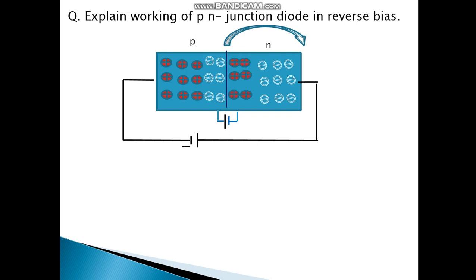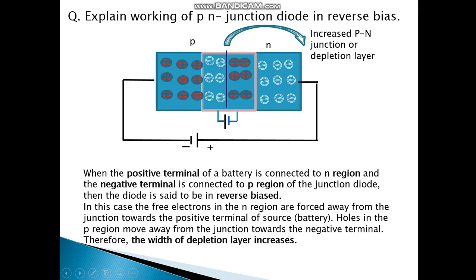Now let us see what happens when a p-n junction diode is reverse biased. That is, the positive is connected to the negative. So there is an increase in the depletion layer. When the positive terminal of a battery is connected to the N region and the negative terminal is connected to the P region of a junction diode, then the diode is said to be reverse biased. The free electrons in the N region are forced away from the junction towards the positive terminal of the source. Holes in the P region move away from the junction towards the negative terminal.